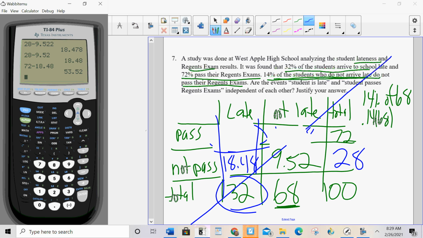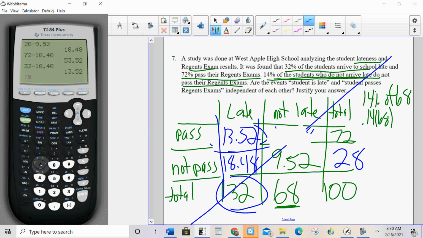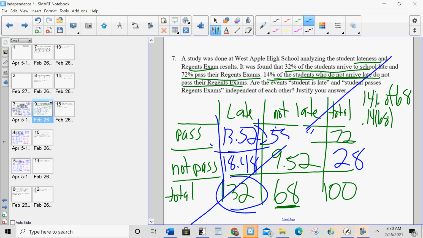And then 32 minus 18.48 is 13.52. And now it's making more sense. And 72 minus 13.52 is 58.48. And that makes more sense.